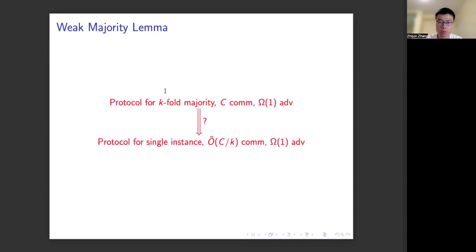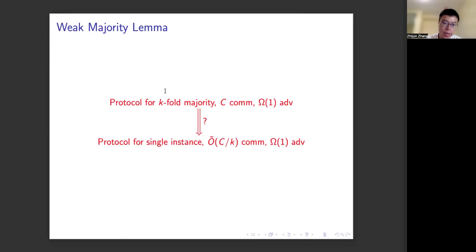So let's take a further look at this chain of reductions. At first, we have a protocol for k-fold majority with some computation and constant advantage. So suppose we have some XOR lemma.